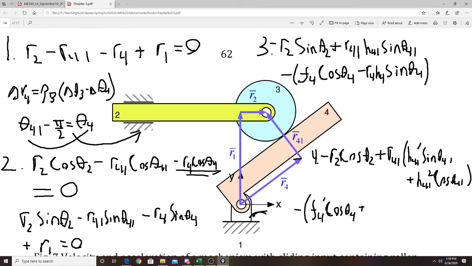Yeah, so this one now becomes a minus. Minus F4 H4, right? Sine theta 4. That's the first part, right?